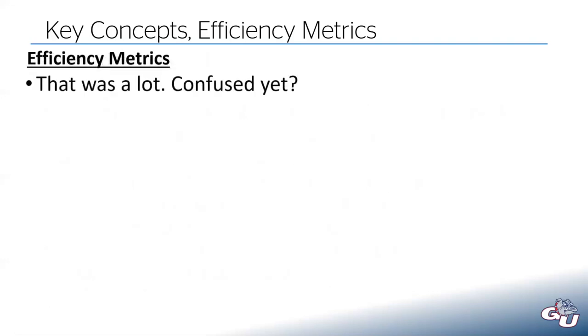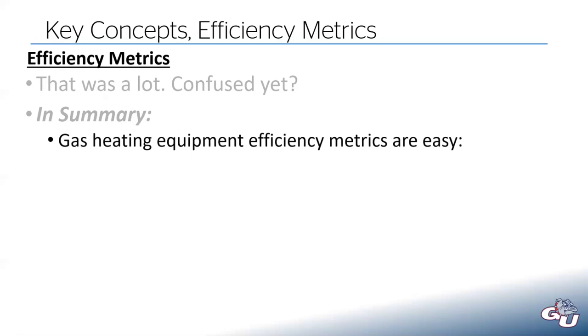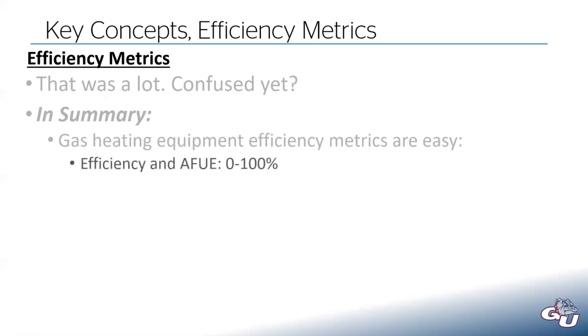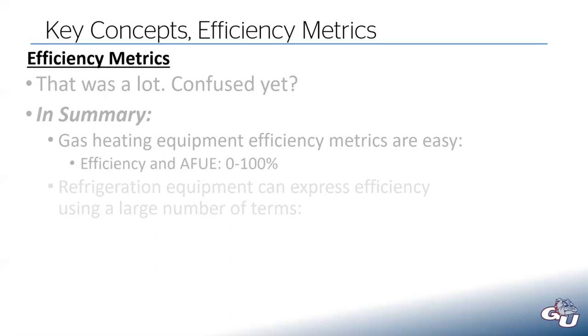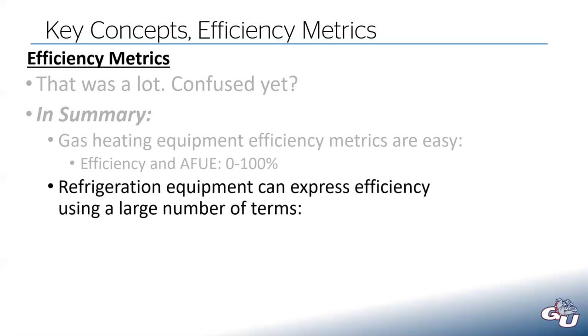All right, that was a lot. A lot to take in. I totally get it. So to try to sum it up a little bit, gas heating, very easy. Efficiency, AFUE, 0 to 100%. Refrigeration, that's where it gets tricky.